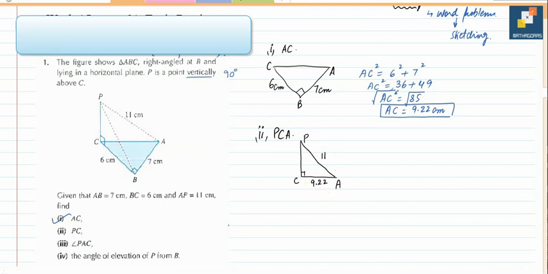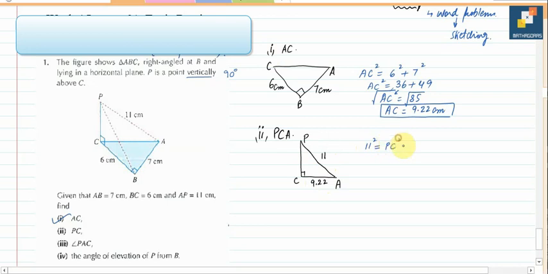So again by using Pythagoras, it will be 11 square is equal to PC square plus 9.22 square. 11 square is 121, 9.22 square is 85.